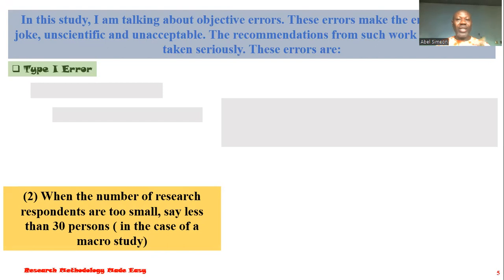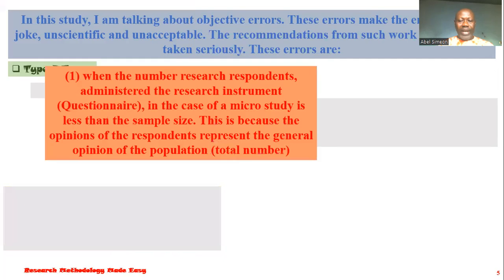Macro study means you're studying institutions, governments, policies and all that. So if the respondents, those that will give you the information you are going to analyze as data, are less than 30 persons, then there's possibly going to be a type 1 error.